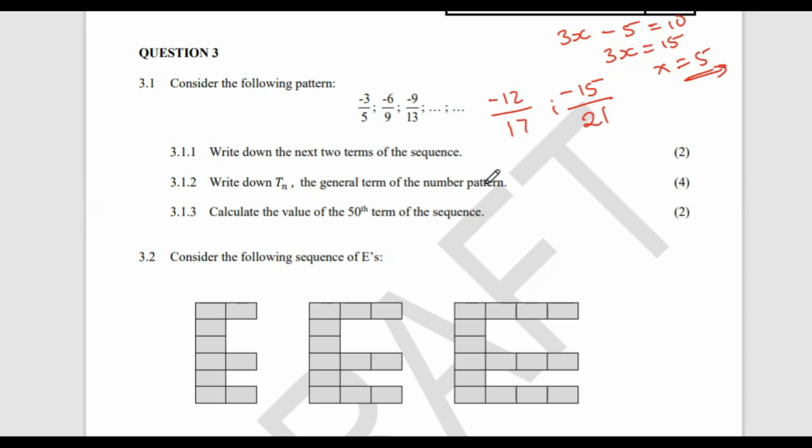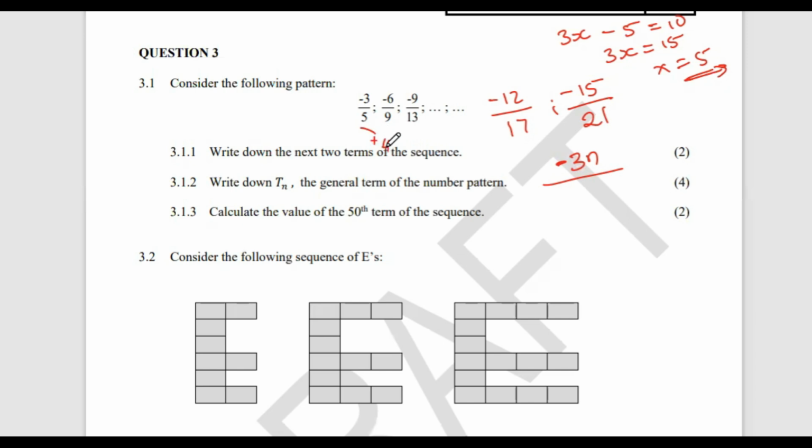Then they want us to get a general term. With the top part, it's -3, we are multiplying it by natural numbers. So the top part is just going to be 3n, but negative, because -3 times 1 is -3, -3 times 2 is -6, and so on. Then when you look at the bottom part, since we are adding 4, 5 plus 4 is 9.